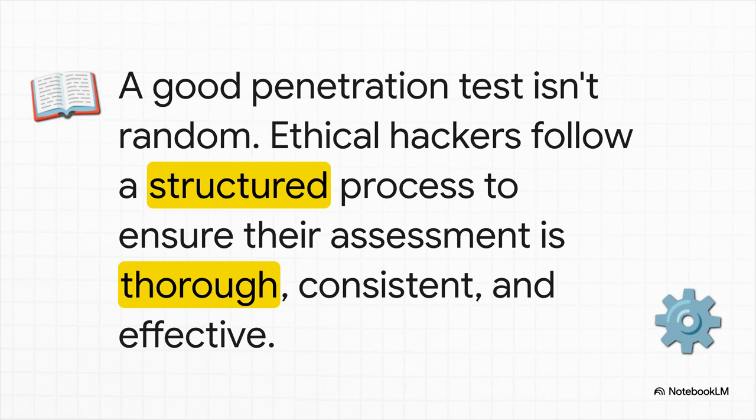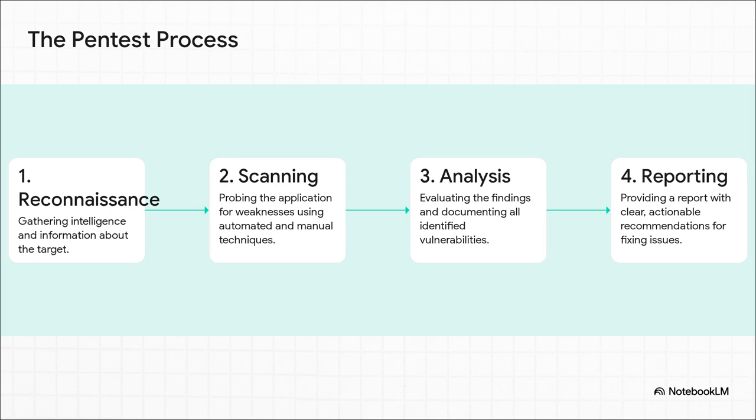Now, a good pen test isn't just random hacking. It's not chaotic at all. It's a very methodical investigation. These ethical hackers follow a really structured process, like a playbook, to make sure that their assessment is thorough, consistent, and most importantly, effective. And that process basically unfolds in four key stages. First, they start with reconnaissance.